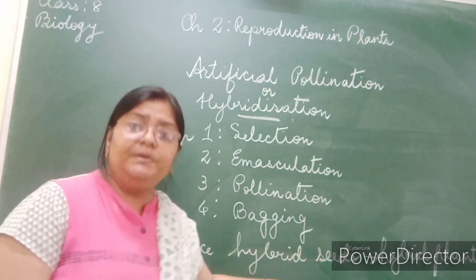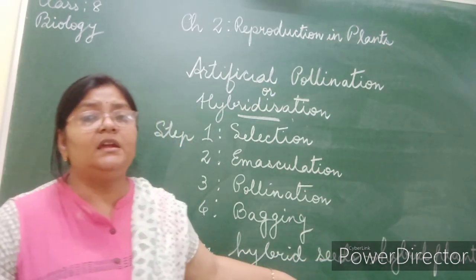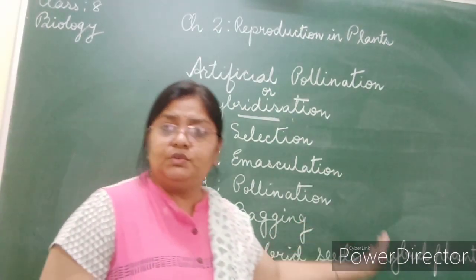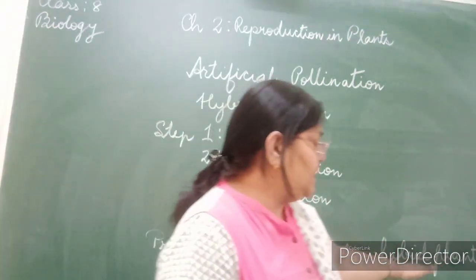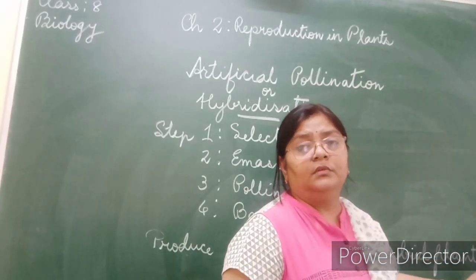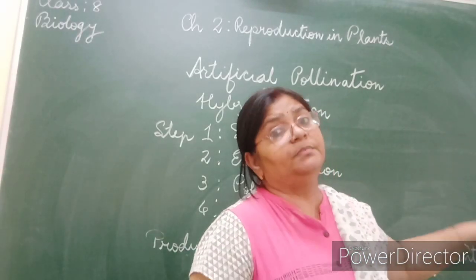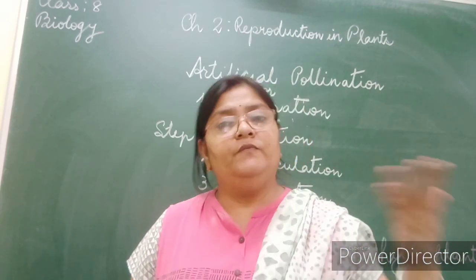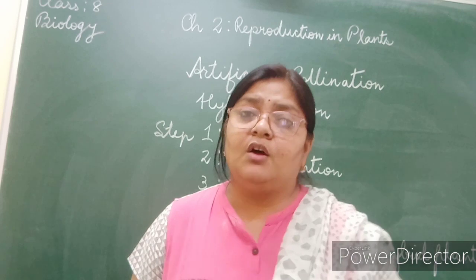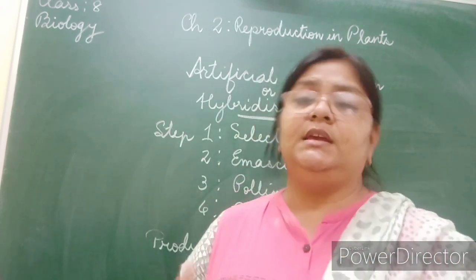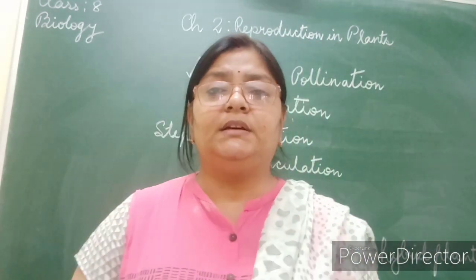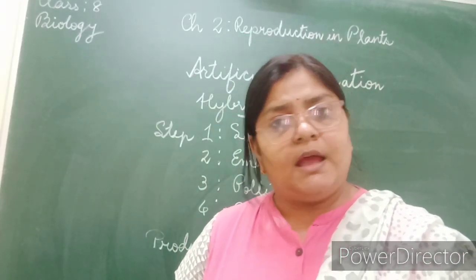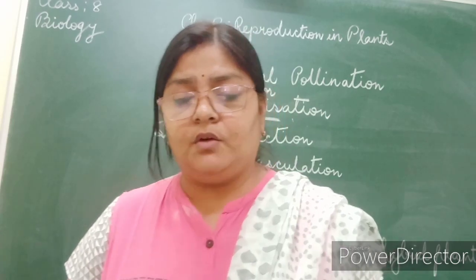Now these hybrid seeds, seeds having mixed characteristics, when sown and their plants are grown from these seeds, and these plants give their fruits, then we might get a variety of plant which will have high yielding produce or better quality of seeds as per our desire. Okay.